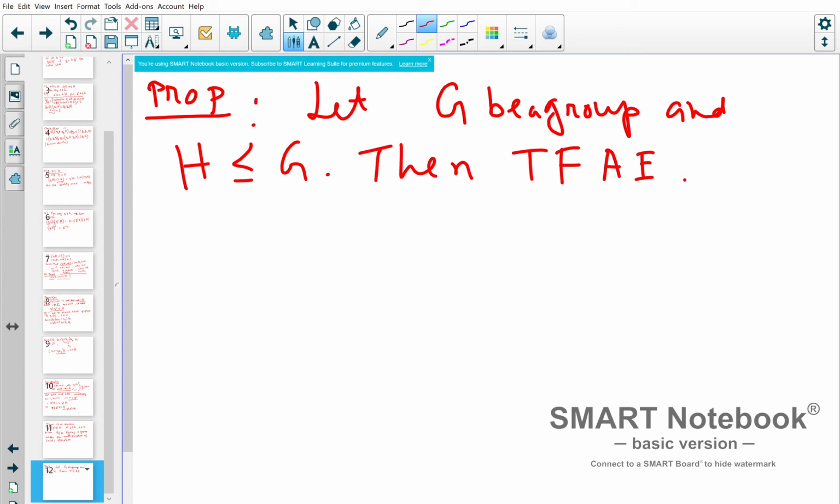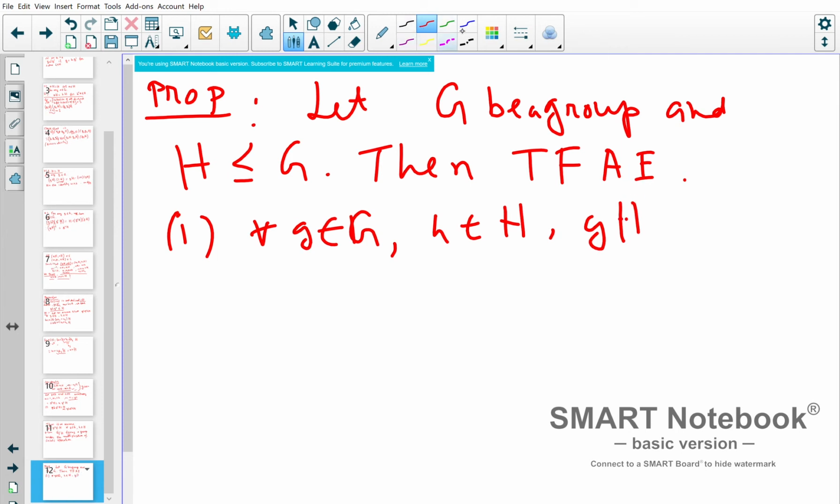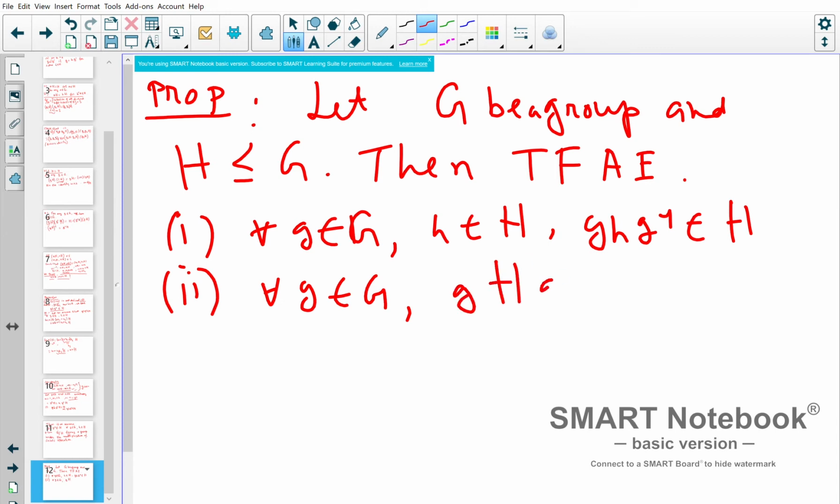Number one, what we just proved: for all g belongs to G and h belongs to H, g h g inverse is an element of H. Number two, again for all g belongs to G, g H g inverse is a subset of H.